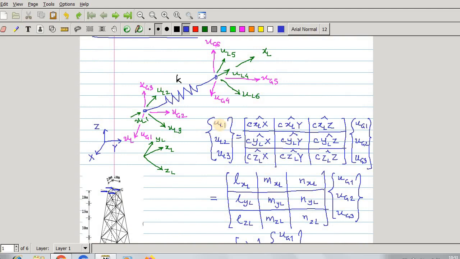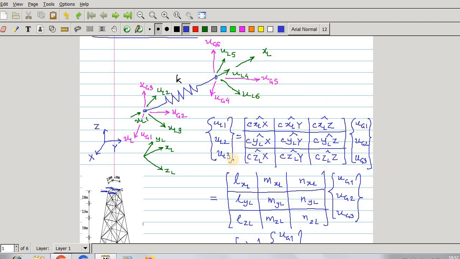Now what is the transformation matrix? See, uL1, uL2 and uL3, these three components constitute the u vector at node 1. So this is the vector transformation relation. uL1, uL2, uL3 are the three components of the displacement vector in the local coordinate system, and the same displacement vector has three components, uG1, uG2, uG3 in the global coordinate system.